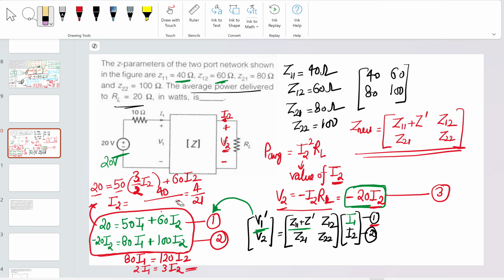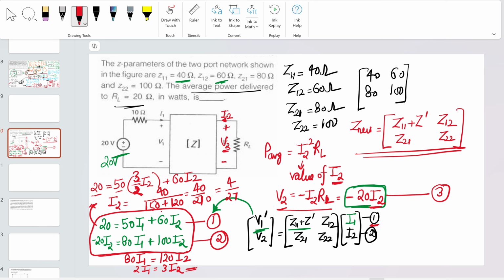So this is also incorrect. So it will become 150 plus 120, that will become 40 divided by 270. That will become 4 by 27, I think. Okay. This will become 150 plus 120, that will become 270 and 40. Okay, that's correct.